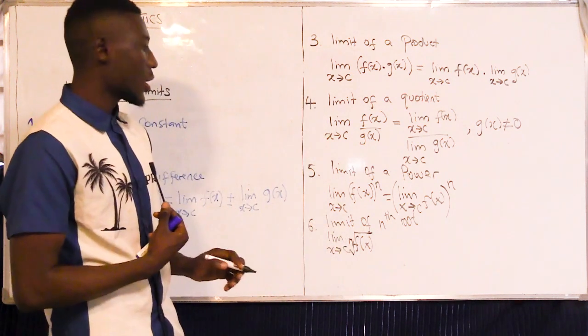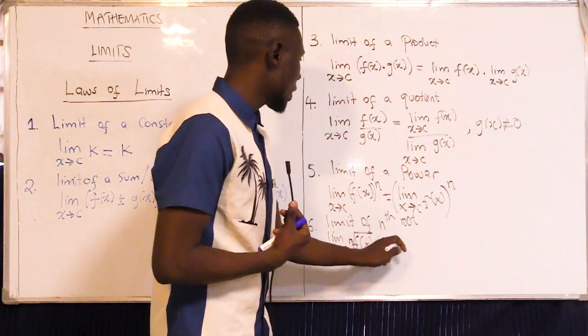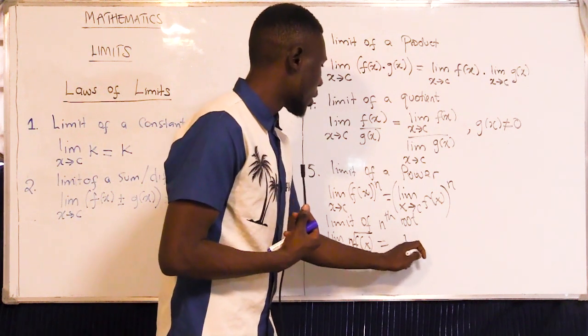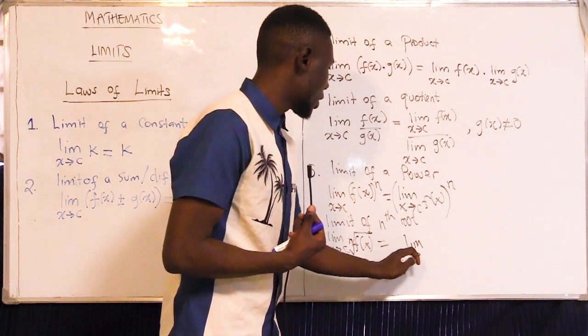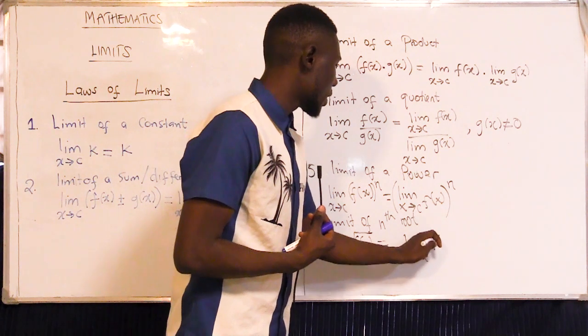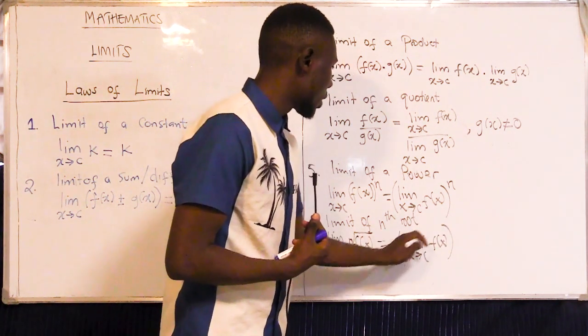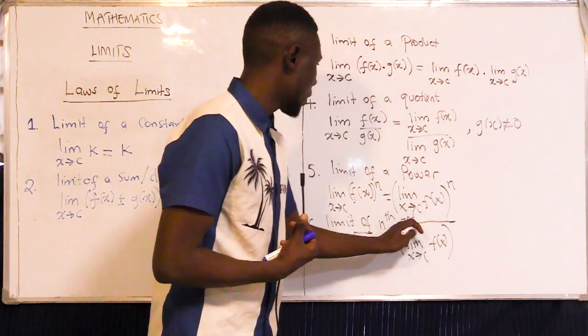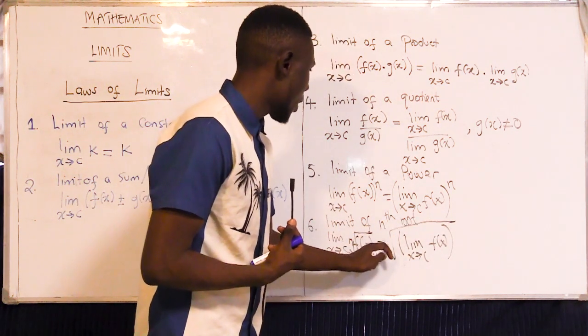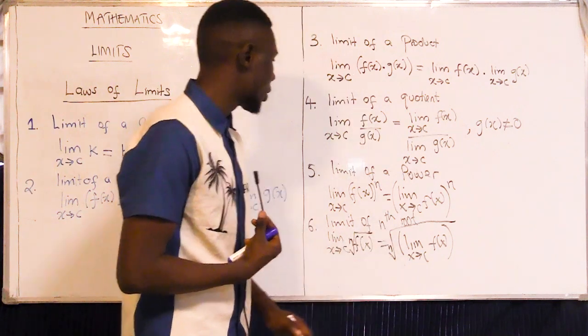And if this is the case, the result we obtain is limit as x is approaching c of our function, all together with the limit, under the nth root. So this is what we have.